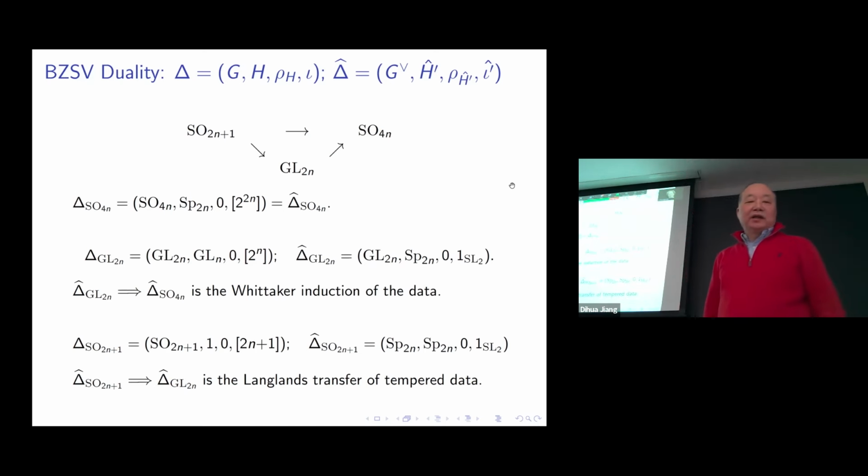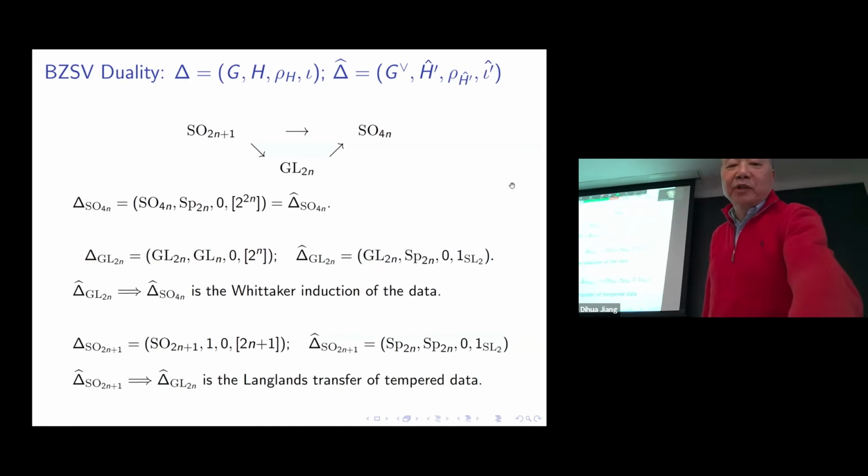Okay, and so from the dual side, the transfer is basically the Whittaker induction of spherical data, or Whittaker induction of the data, like that. Okay, and then the other orthogonal part, you take a generic, right?